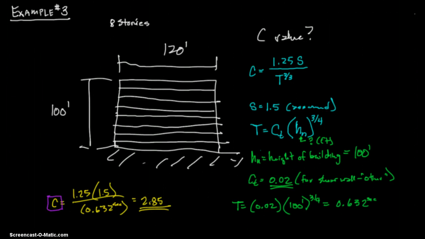But 2.85, I would say that this building is seeing 2.85 times the force of gravity. So if you got a C of 1.00, it would be exactly like the force of gravity. Instead, you're seeing 2.85 times the force of gravity. And that's generally how I like to think about it. If you think about it a different way, please tell me, and maybe you have a better way.